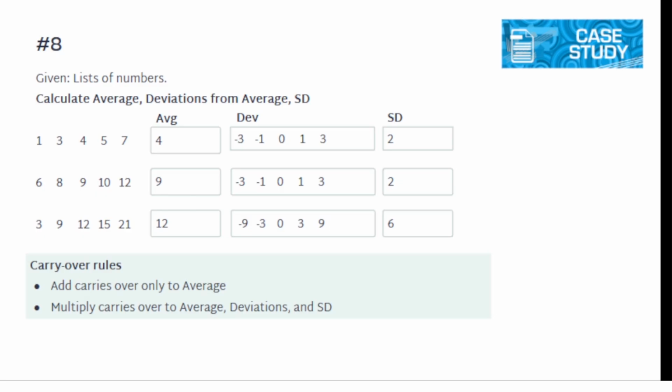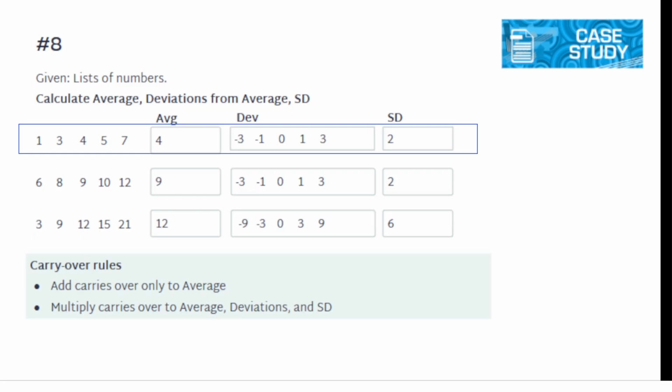Next question, let's see what we have. We have a list of numbers. We have 3 lists here. We want to calculate the average, the deviations from the average, and the standard deviation. Let's do it. For the first list, if you do the math, the middle number is 4.